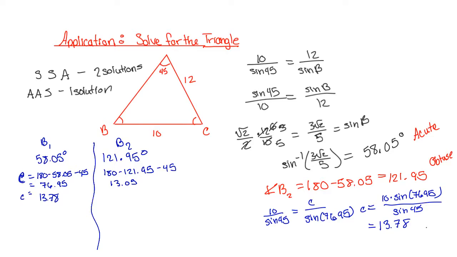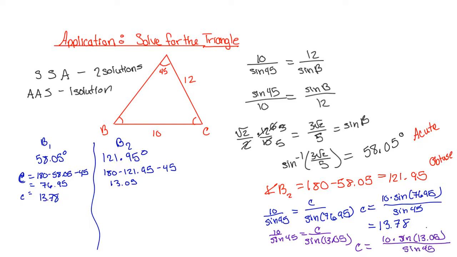And then we can do the same thing with the angle of 13.05. So we would do 10 over sine of 45 is equal to C over sine of 13.05. Solve for C. We get C is equal to 10 times sine of 13.05 divided by sine of 45.